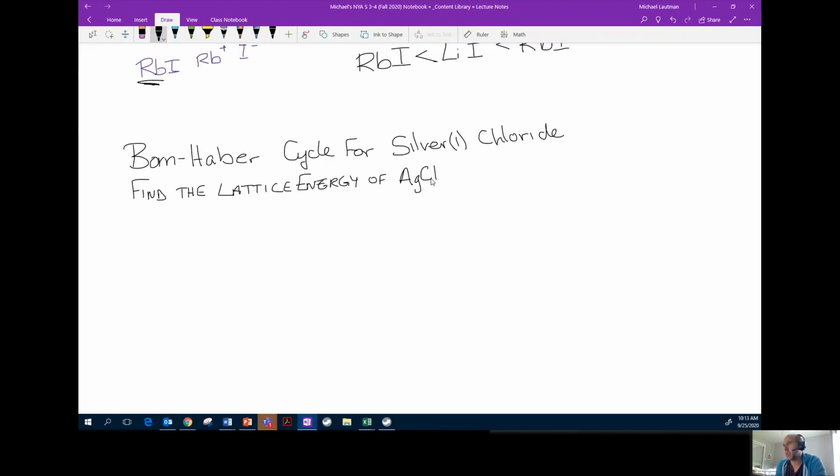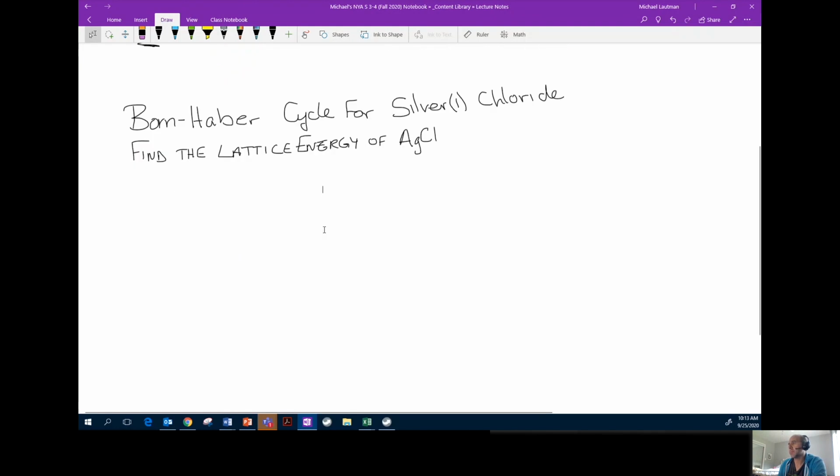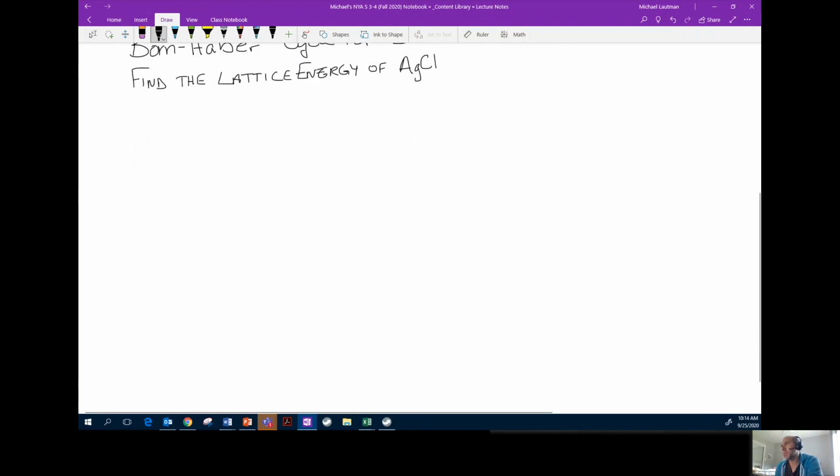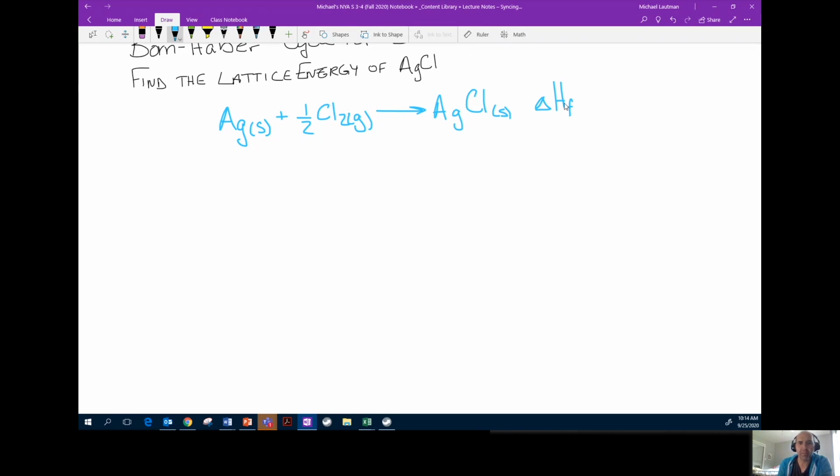What we're going to do is always look at this in terms of the overall reaction being Ag solid plus a half Cl2 gas goes to AgCl solid. Remember, this reaction is the reaction of formation of the compound, and the enthalpy for that is called the enthalpy of formation.